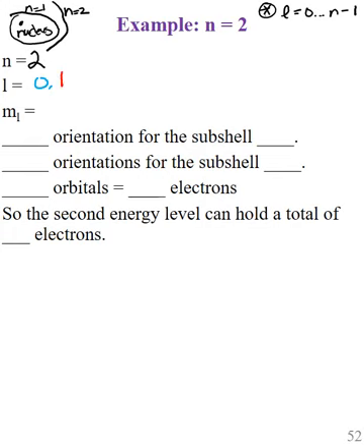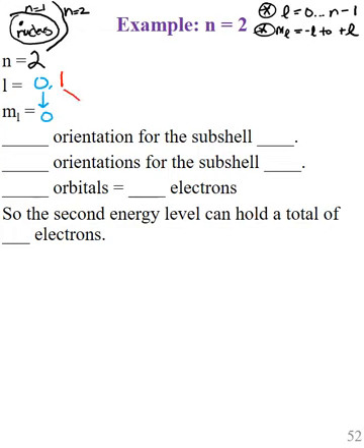Okay, and then m sub L. What is the equation to figure out m sub L? M sub L could have any values between negative L to positive L. Well, if L equals 0, that means M sub L can only have one value, can only have 0.